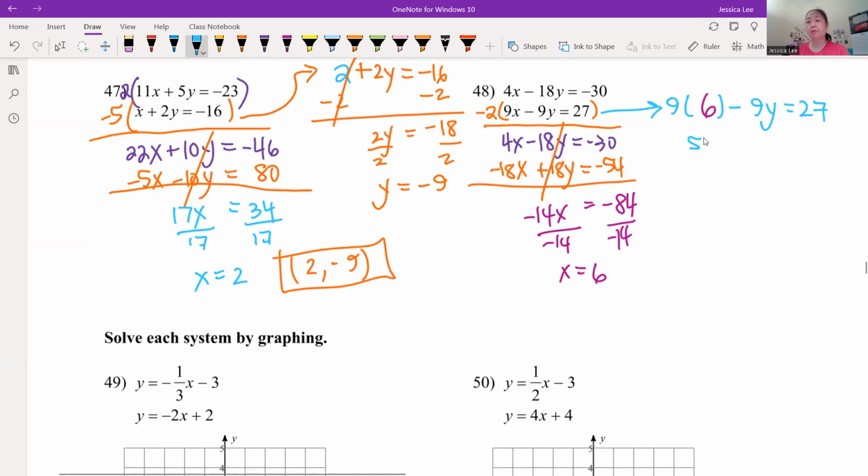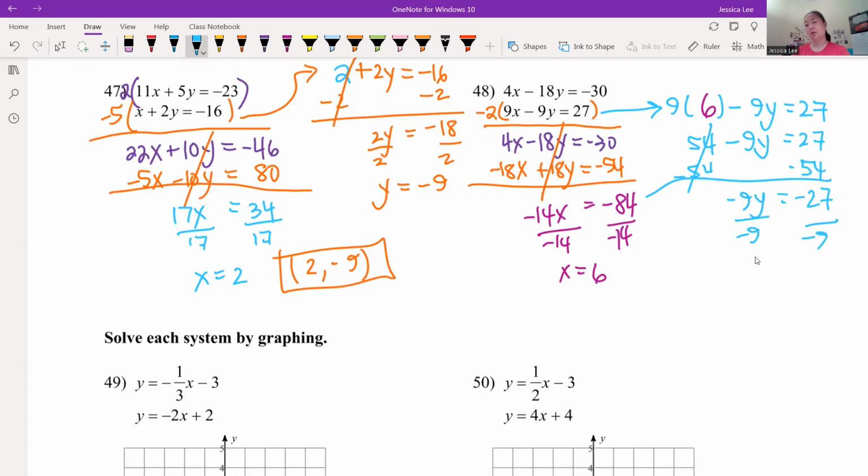Let's solve this. It's going to be 54 minus 9y is equal to 27. Subtract 54. We got negative 9y is equal to negative 27. Divided by negative 9, y is equal to 3. So our answer is going to be 6, 3. Done.